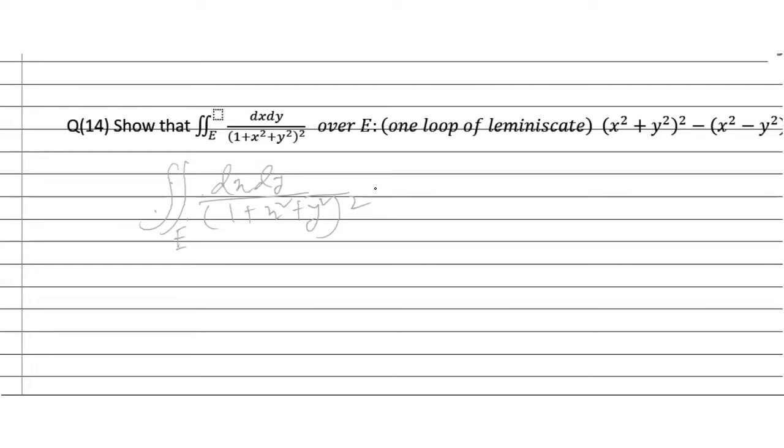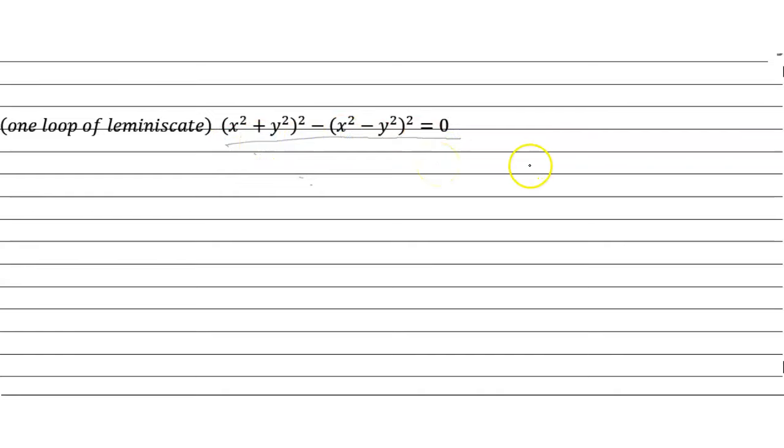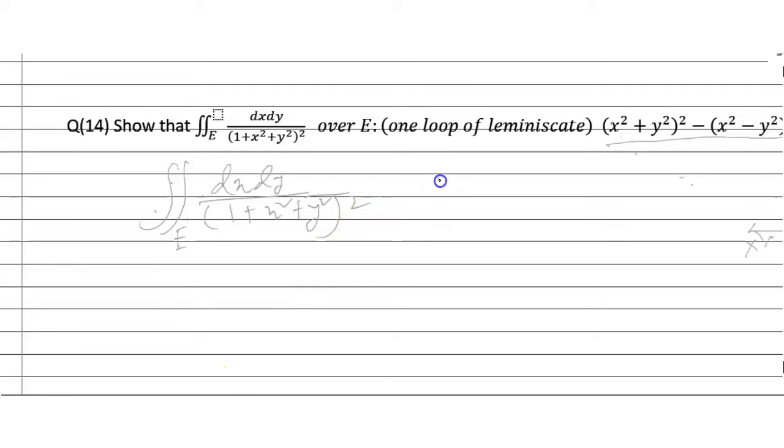You will see this loop is the Lemniscate of Bernoulli. So friends, to solve this problem, take x is equal to r cos theta and y is equal to r sin theta.